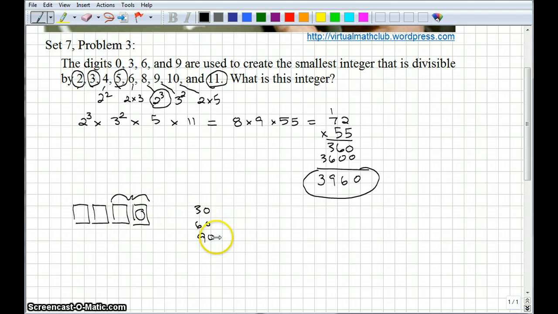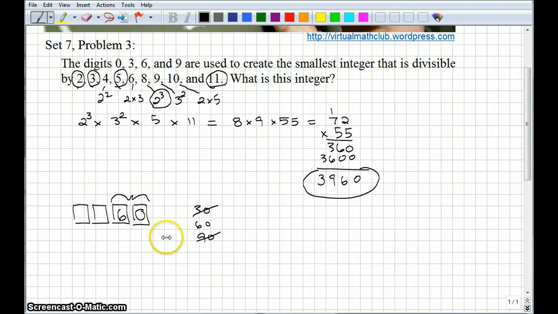So if I divide 30 by 2, I get 15, and 15 is not even, so I can't divide it by 2 again. And the same way with 90, half of it would be 45, and if I took half again, I wouldn't get a whole number anymore. So 60 is the only one that's divisible by 4. Half of that is 30, and half again is 15. So that's definitely divisible by 4. So this has to be a 6.